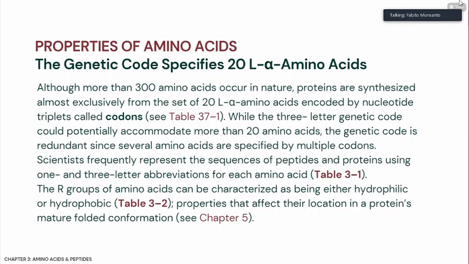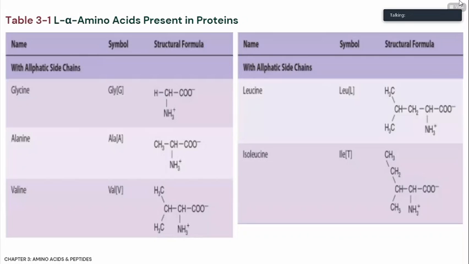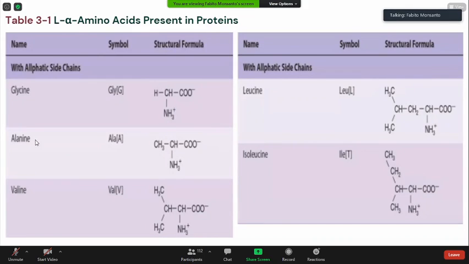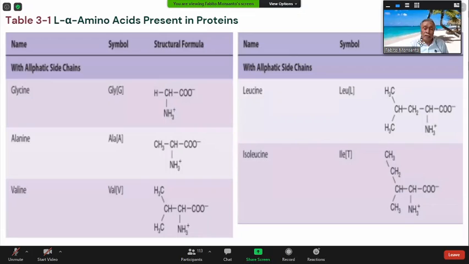So let's look at our amino acids. They are grouped together. First is with aliphatic side chain. So you have glycine, alanine, valine, leucine, and isoleucine.